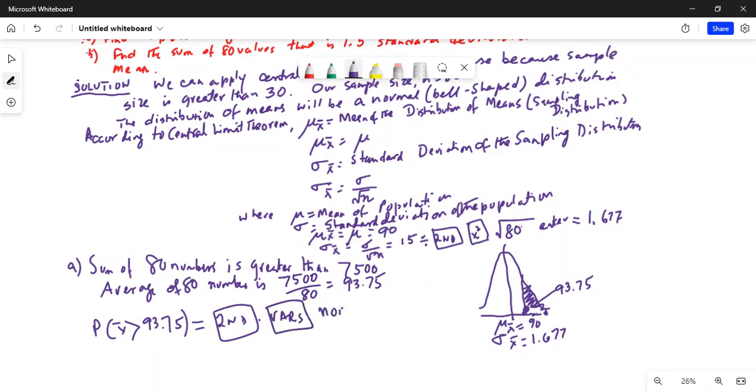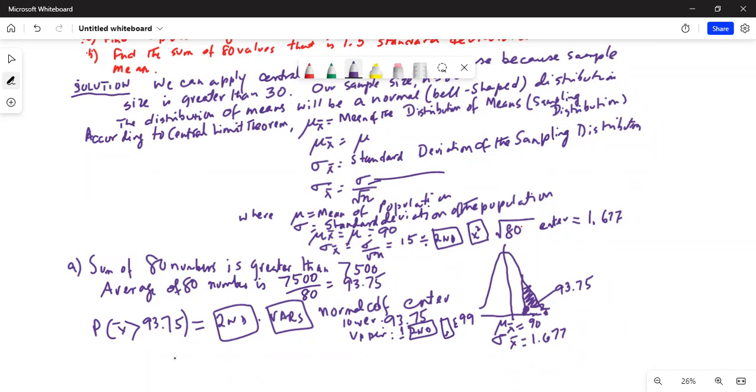We go to the calculator, second key, then the vars key, then normal CDF, and enter.